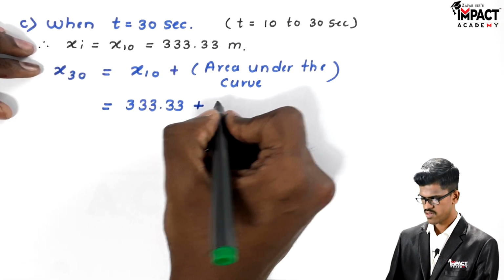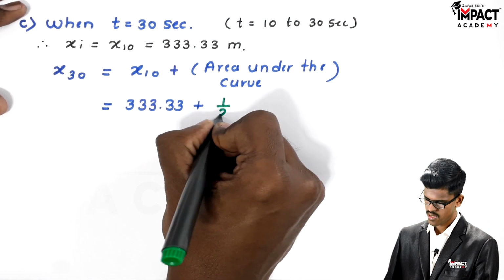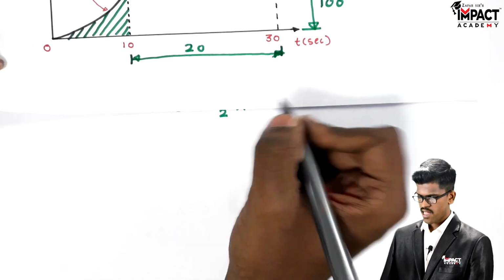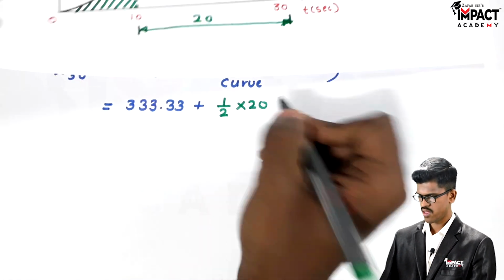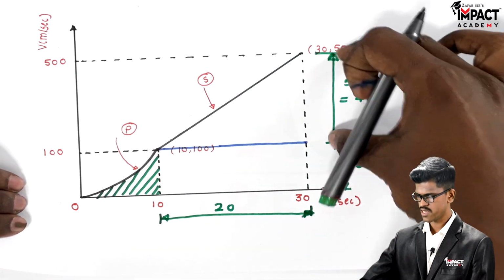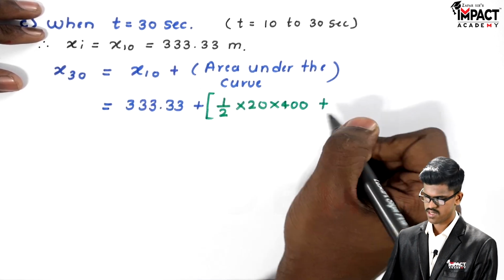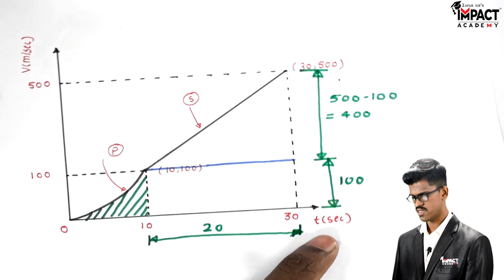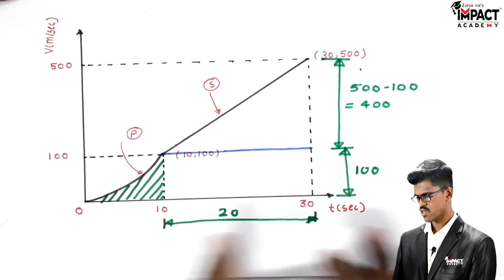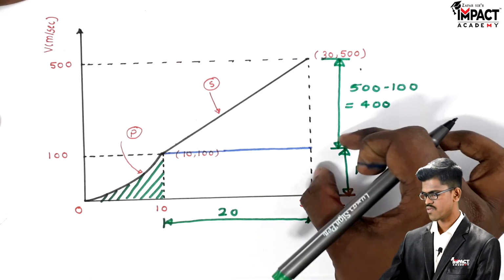Okay, so let's find out the area under the curve. There are two shapes. First is a triangle. So the triangle base is 20 and height is 400. Plus there is another shape which is a rectangle. So the base of the rectangle is 20 and the height of the rectangle is 100.